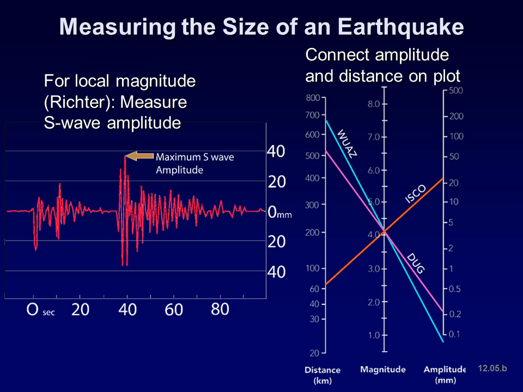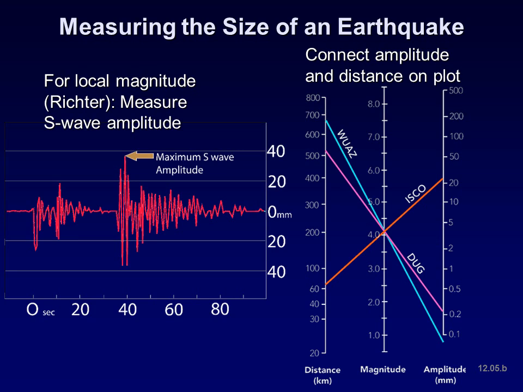In the Richter or local magnitude scale, there's a relationship between the distance from the station, the maximum amplitude of the S wave, and the magnitude of the earthquake. So plotting several stations that record the earthquake confirms the Richter magnitude.